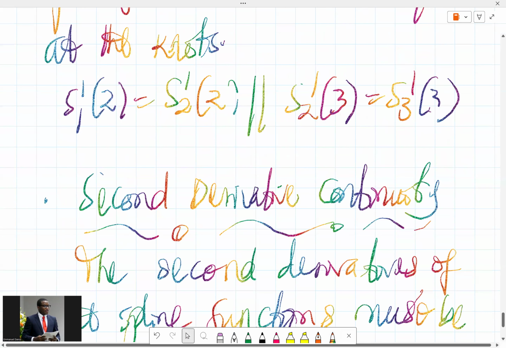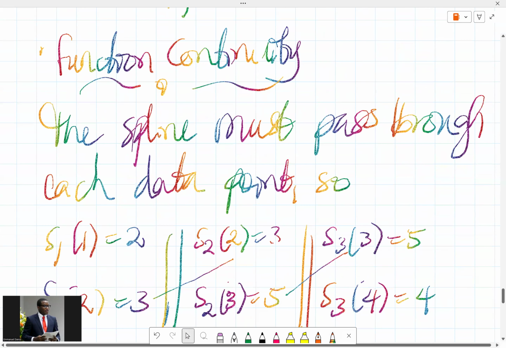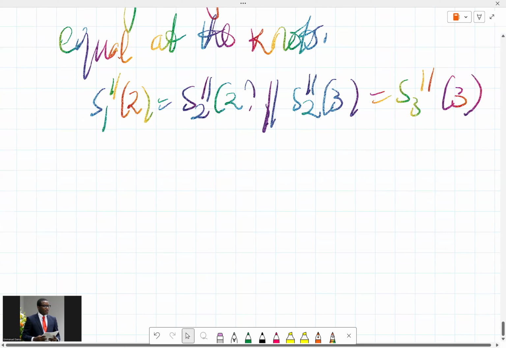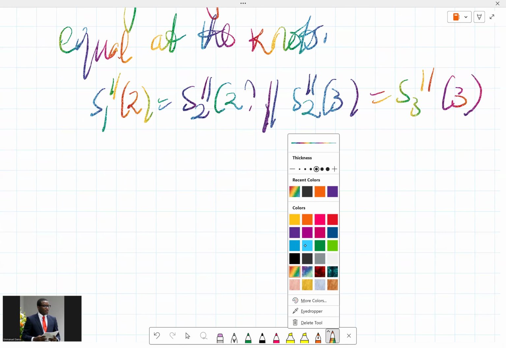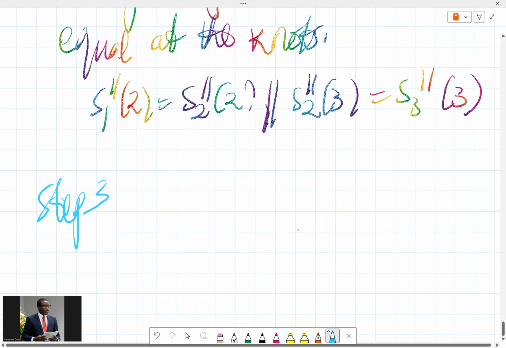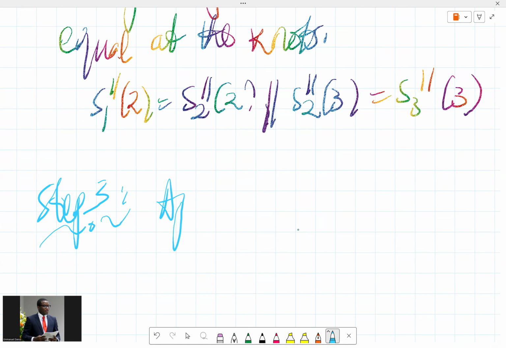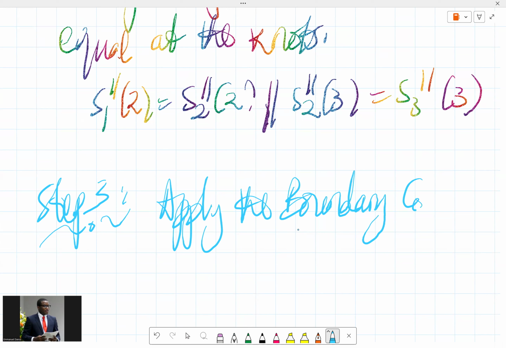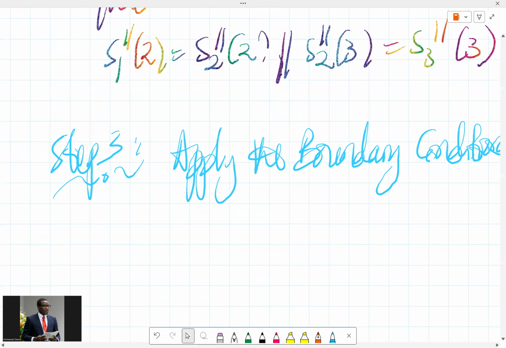So having taken care of that, we can go back and look at step 3. So step 3 in this case, we have to apply the boundary conditions. I think we stated some of the boundary conditions previously.